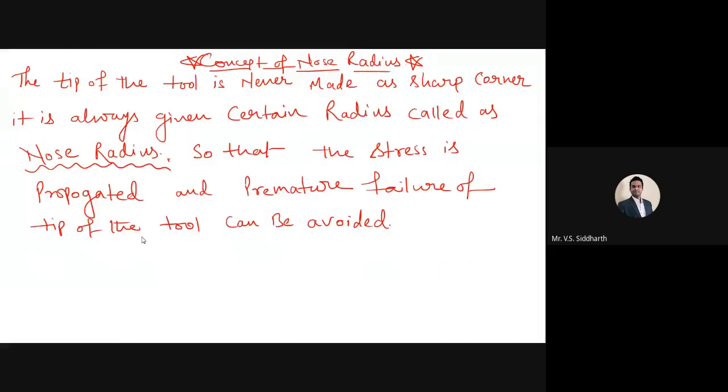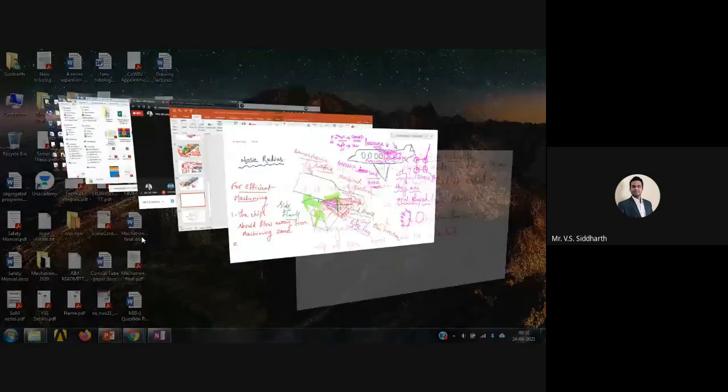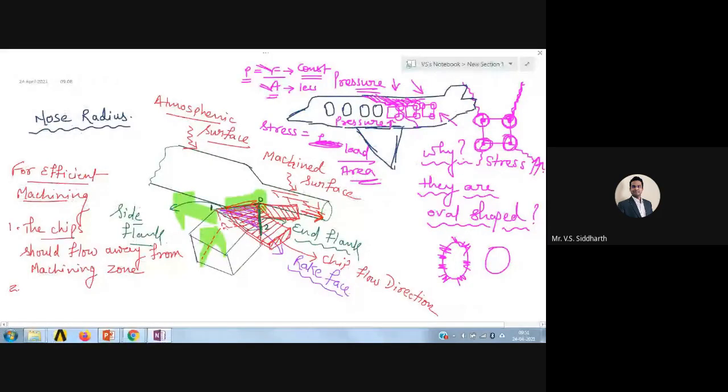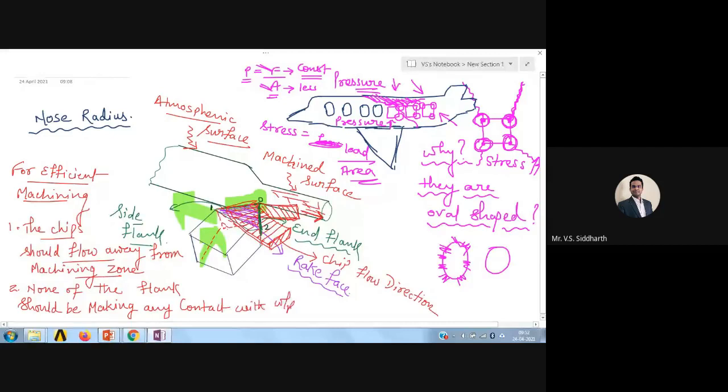One more thing we have already seen in another slide: for efficient machining, the chips should flow away from the machining zone. And the second is that none of the flank should make any contact with the workpiece.